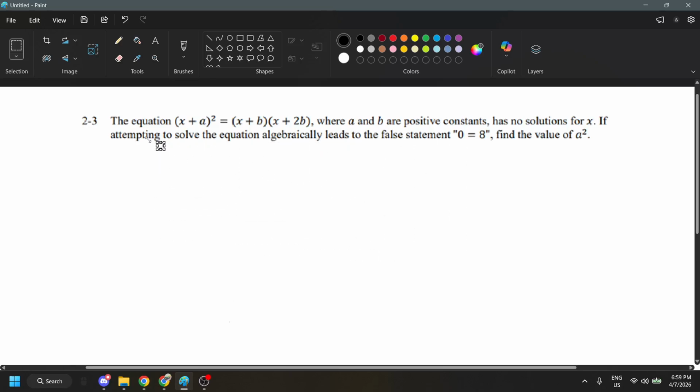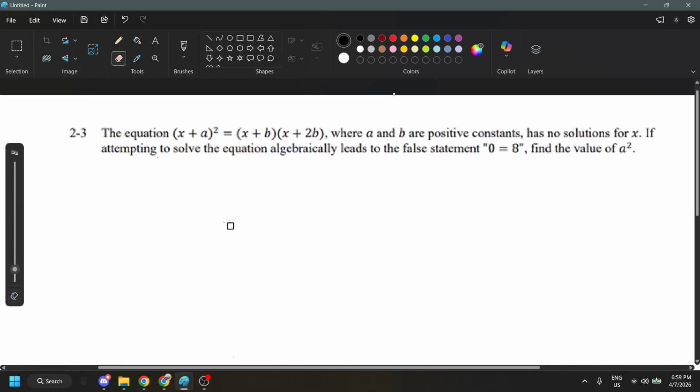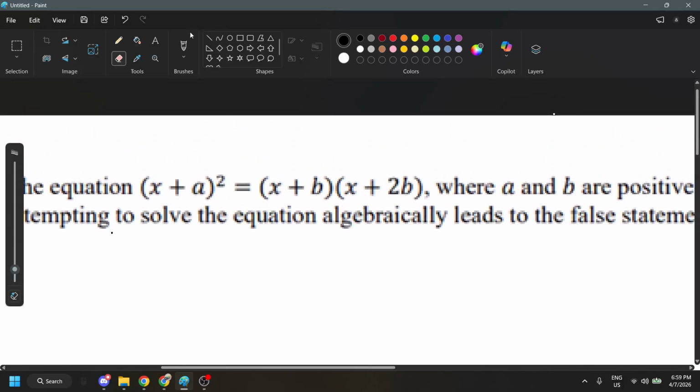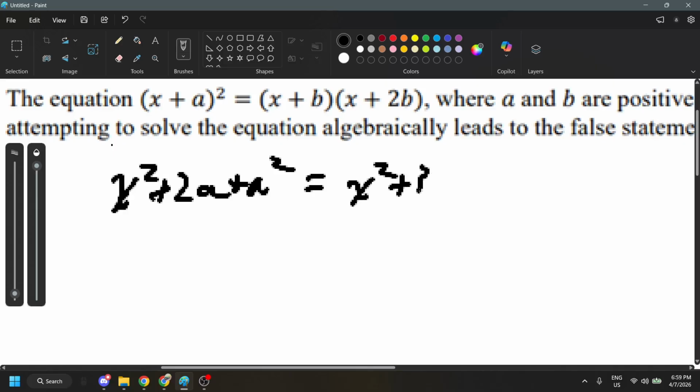These are two quadratics. So if I were to expand this, I get x squared plus 2ax plus a squared is equal to x squared plus 3bx plus 2b squared.